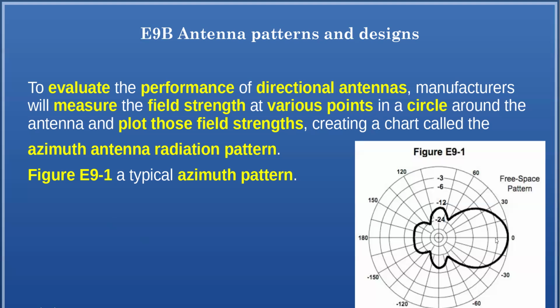You'll see what we call the front to back, where the front is referenced to 0, and the back is crossing kind of halfway between -12 and -24. So we'd say that was -18 dB down. That would be the front to back ratio, 18 dB.